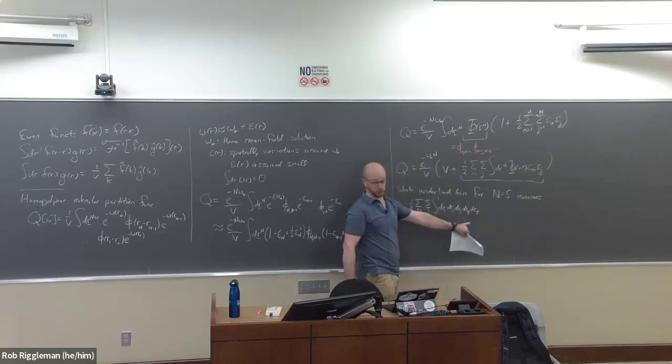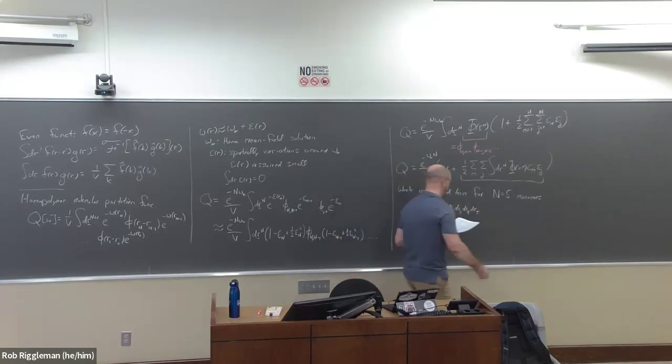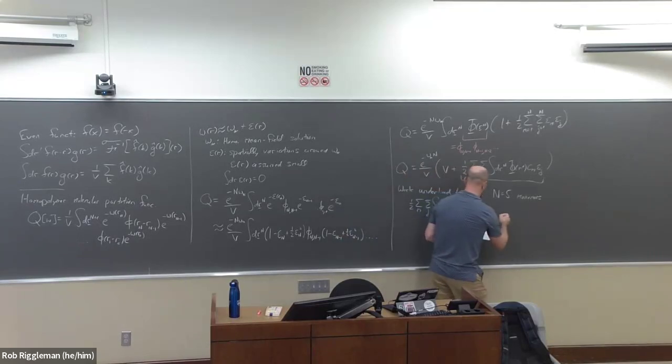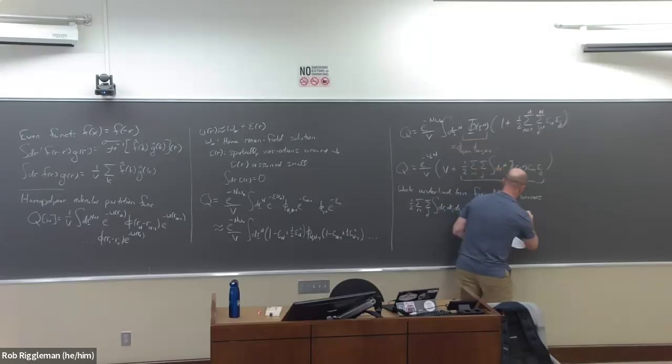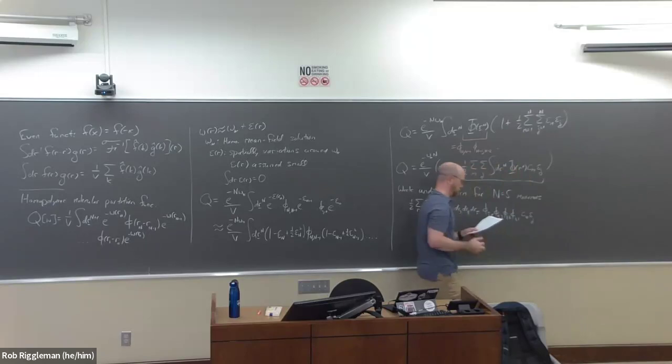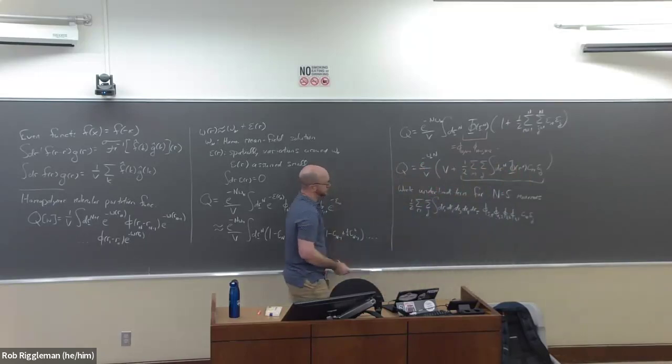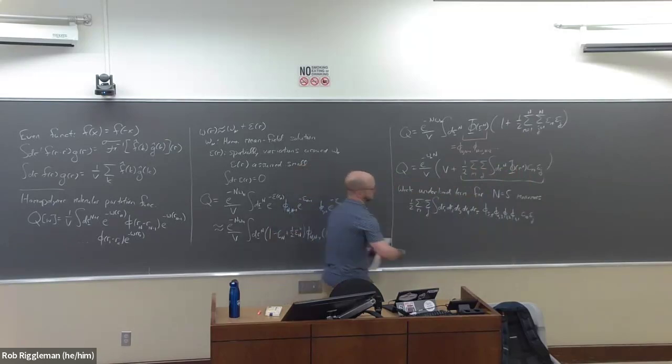Right, so we have to integrate over the position of all 5 monomers. We have bond transition probabilities for all of them. And then epsilon 4 and epsilon m and epsilon j. Actually, I'm going to make that R dependence also explicit.